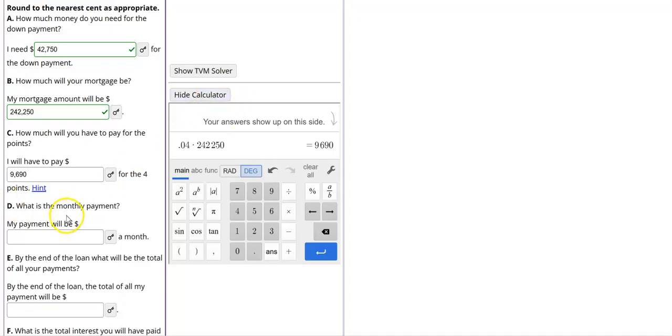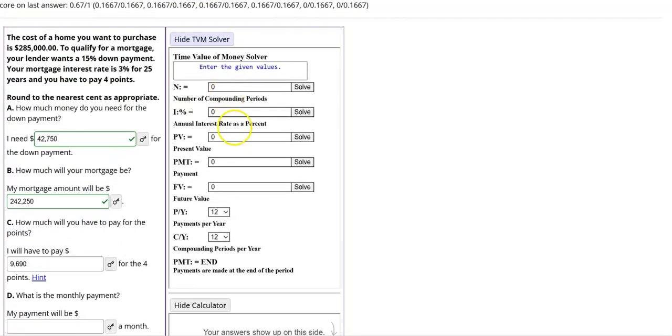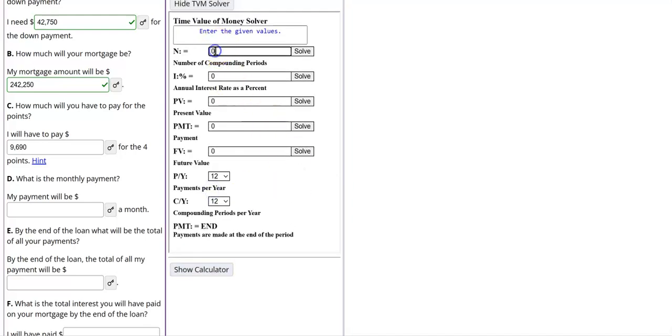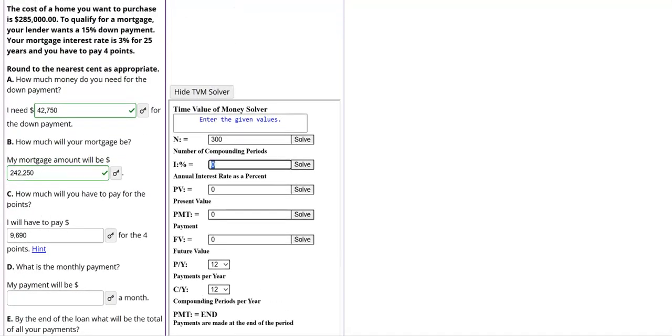Okay, now what's the monthly payment? For the monthly payment you have to find it with the TVM solver. In this TVM solver you have to put the value of the variable where N is uppercase N, which is lowercase n times t. Lowercase n is 12 monthly times the time, which is 25, which gives you 300 for uppercase N. So I'm going to put 300 here as uppercase N. I is the interest rate, which is 3%. Just put 3 here, don't change the decimal.